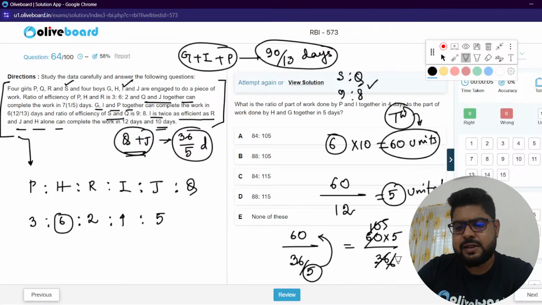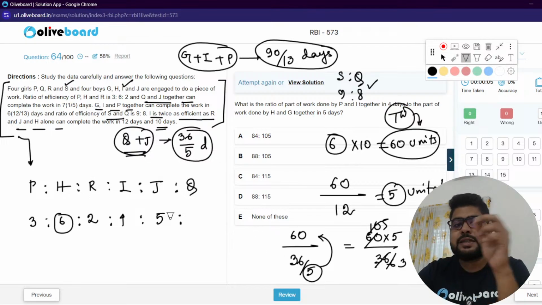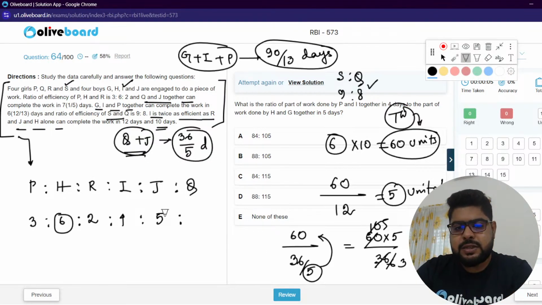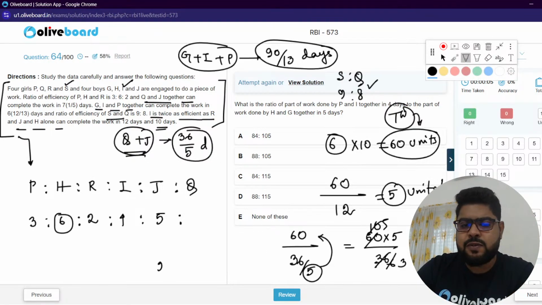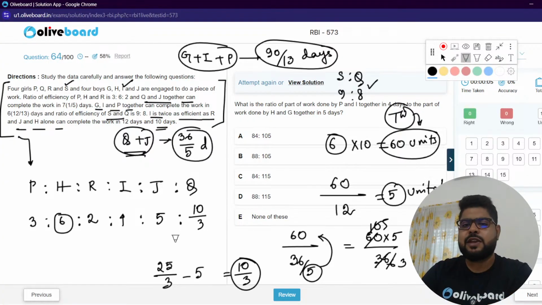This is 5, this is 3. 25 by 3. This is 25 divided by 3. This is for Q plus J. So subtract J. So Q will be 25 by 3 minus 5. So that is 10 divided by 3. That's the efficiency of Q.